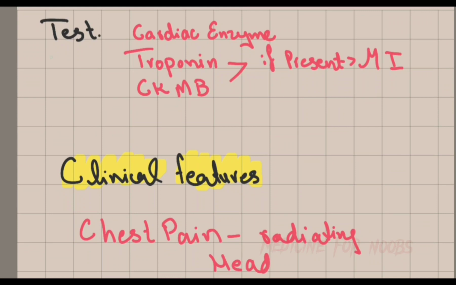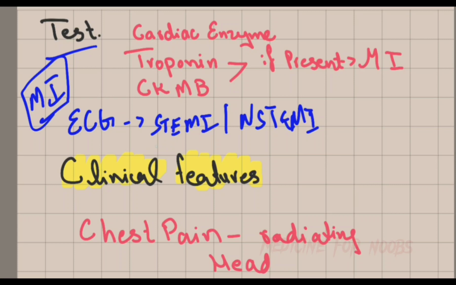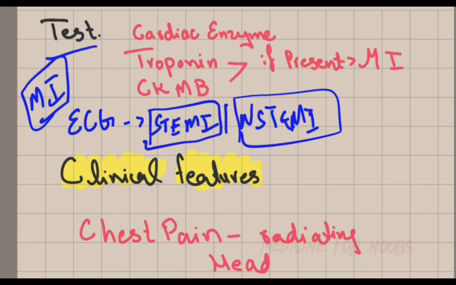There are certain tests by which we can differentiate between unstable angina and MI. MI is myocardial infarction. The simple thing is that we can do the ECG, but on ECG there are two types of MI. One is STEMI and the other is NSTEMI. We can see the ST segment elevation in STEMI, but in non-ST segment elevation there is no elevation of the ST segment.